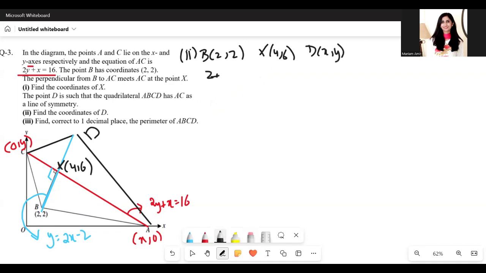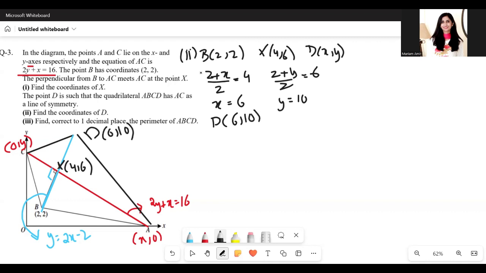So we're going to quickly use the midpoint formula. 2 plus x over 2 should be equal to 4. 2 plus y over 2 should be equal to 6. So we have x equals 8 minus 2, 6. And we have y equals 12 minus 2, 10. So D is coming out to be 6, comma 10.